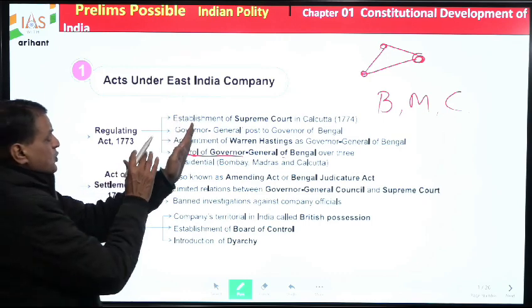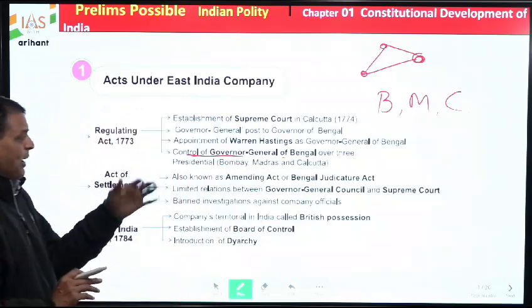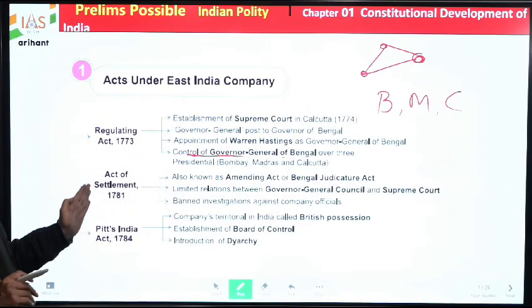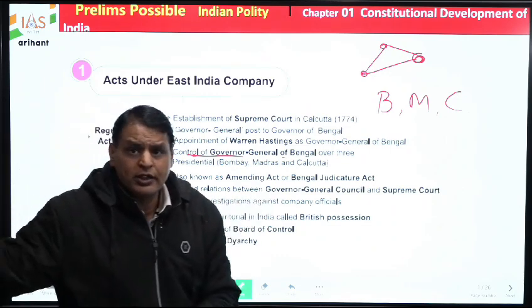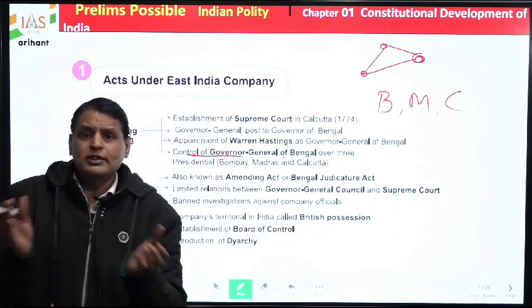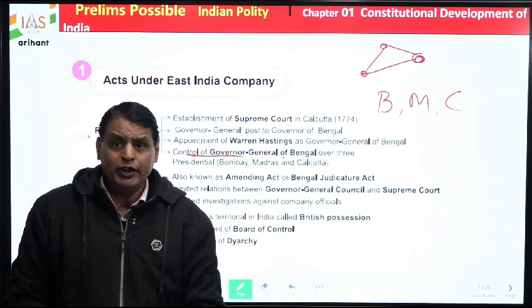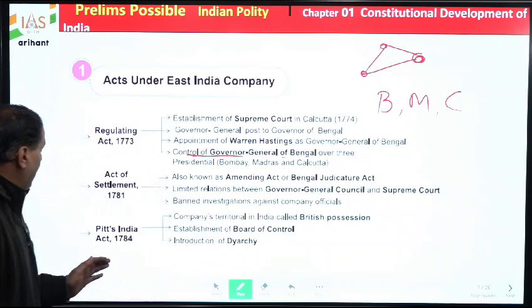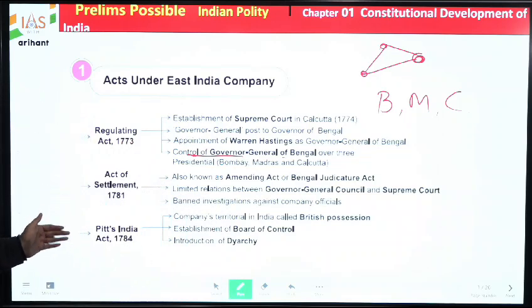The Supreme Court, established in 1774, was controlled by a separate body, and investigation against company officials was also banned. So, it was a general differentiation between the judiciary and the executive body of that period.